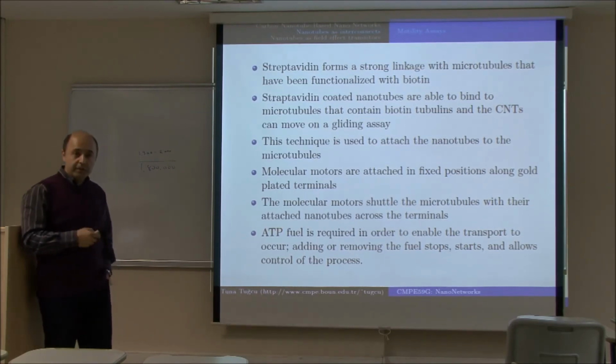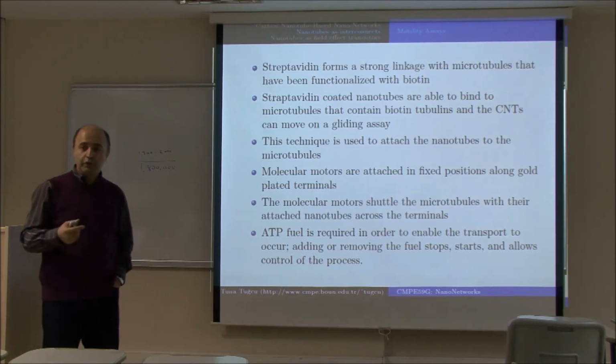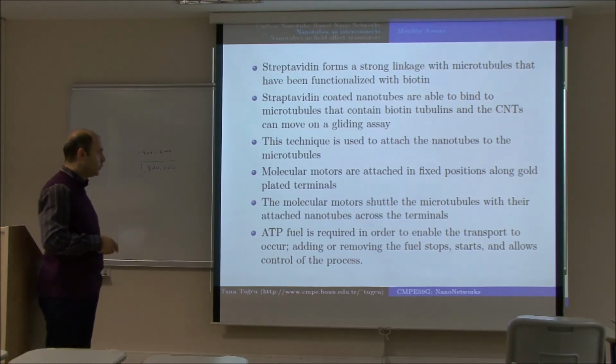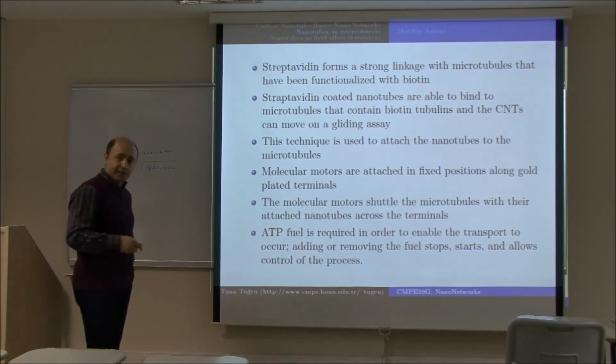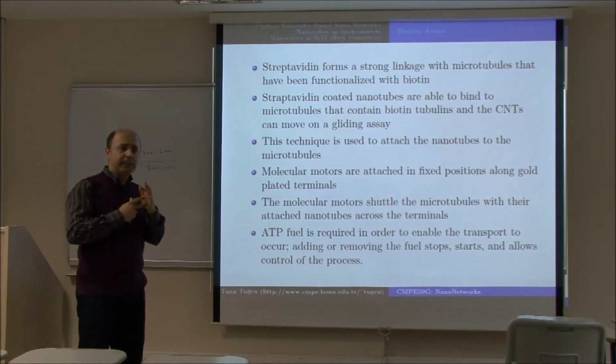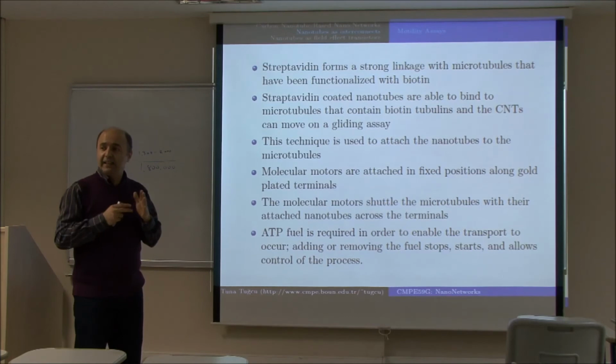ATP is typically serving as the fuel for this operation, because you're consuming energy for doing this. So what you can do is, remember, for the binding between the molecular motor heads and the microtubules, in every step we were using 1 ATP.